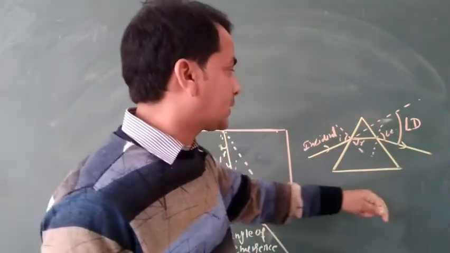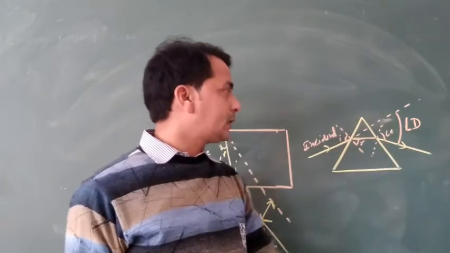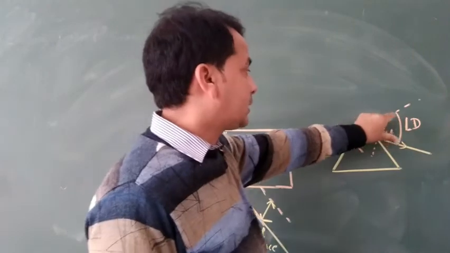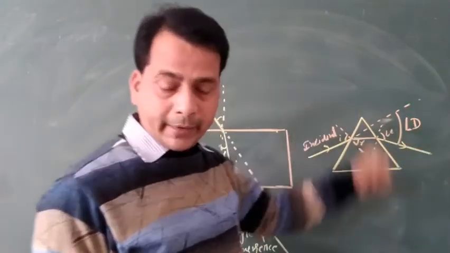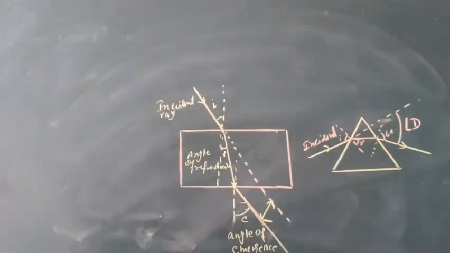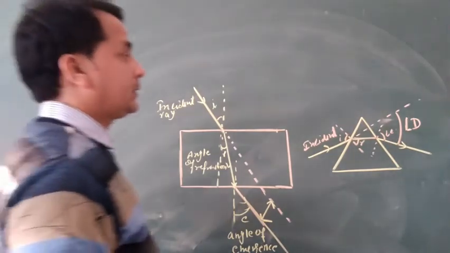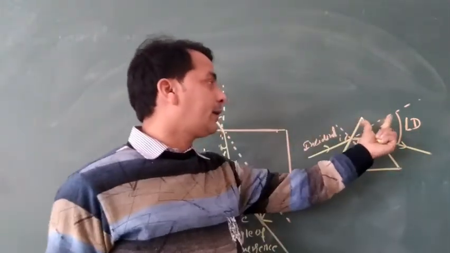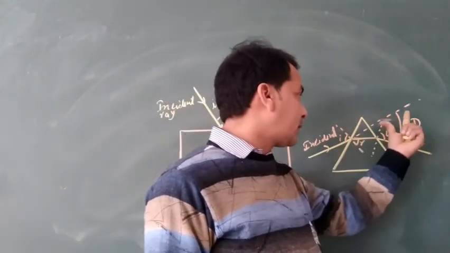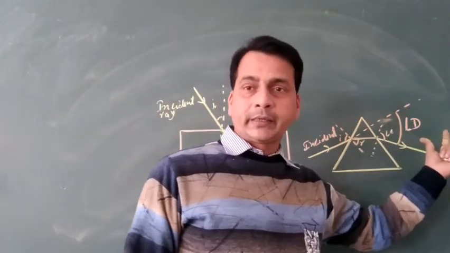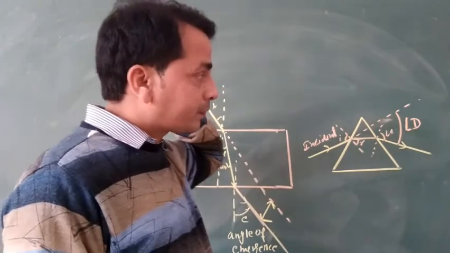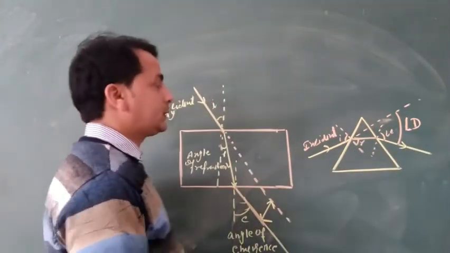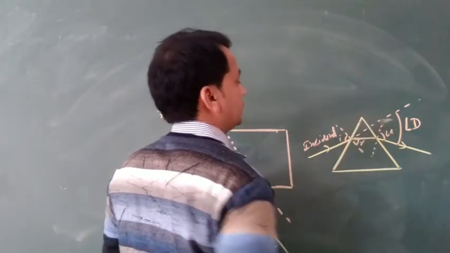The angle of deviation is the angle between the emergent ray and the original path of the incident ray, and it is denoted by capital D. So here is the complete ray diagram.